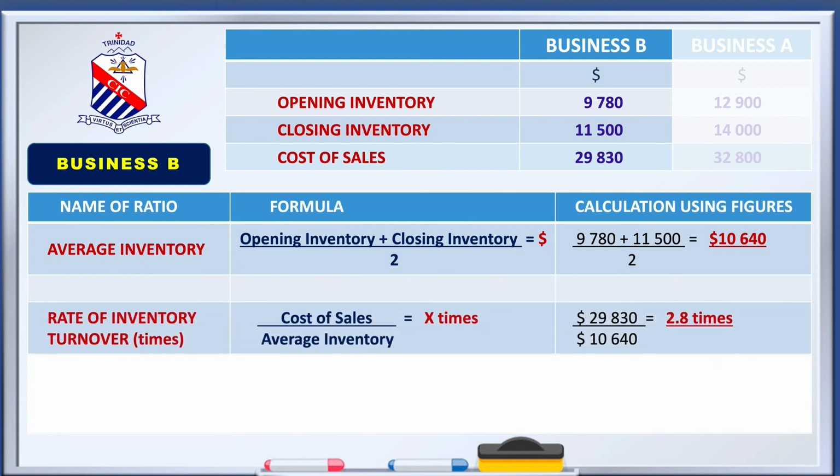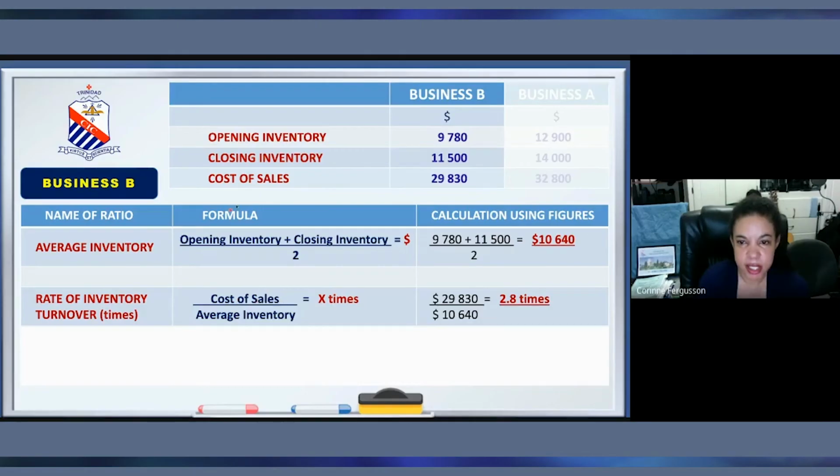Rate of inventory turnover, cost of sales, which is given as 29,830 over average inventory, which we worked out as 10,640. And that gave us an answer of 2.8, and you must have times. So the inventory turnover was 2.8 times.